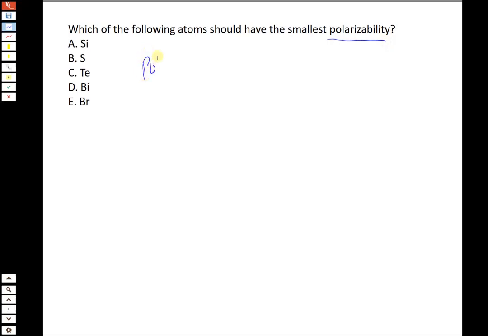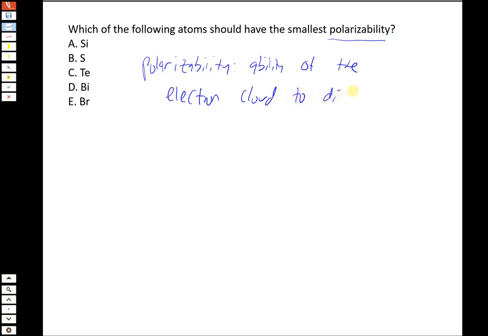But basically, polarizability, as a quick definition, is the ability of the electron cloud to distort. So in these two problems here, we're trying to compare the polarizability of a bunch of atoms.